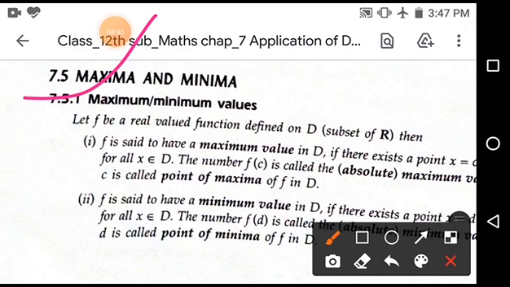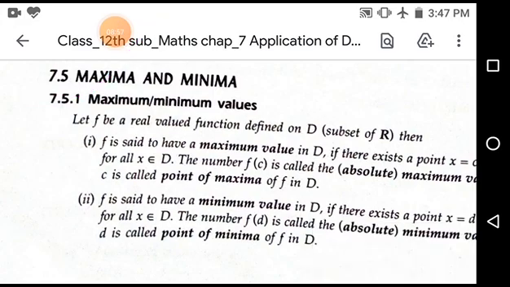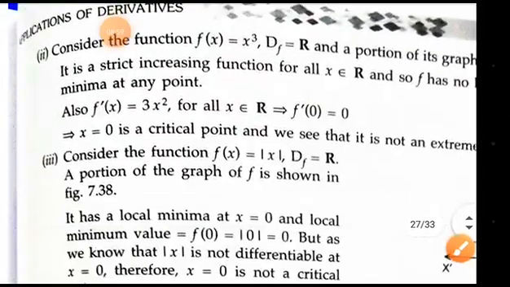It means that we will find a minimum value at the given point, and if f'(x) is less than 0, then we will find a maximum value, and the function is said to be maxima. Clear? So this is the concept of maxima and minima. Okay students.